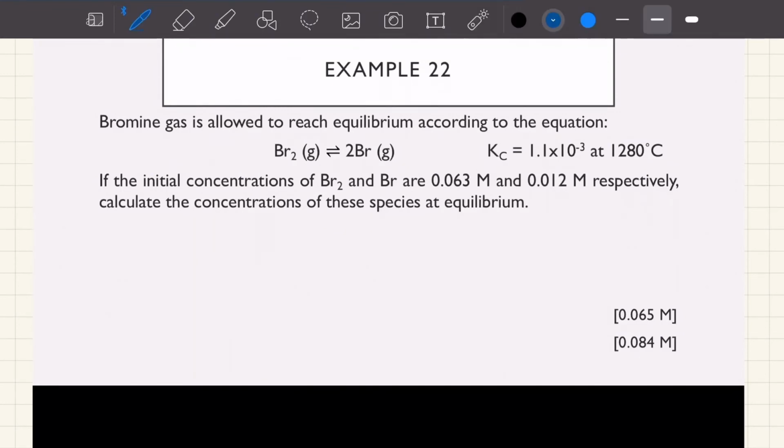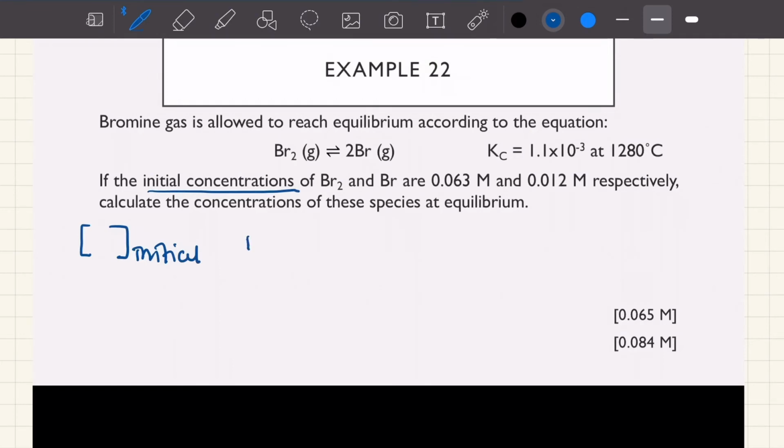So you have the initial concentration of Br2 and Br. So instead of mole ke mass ke, sekarang you have initial concentration.